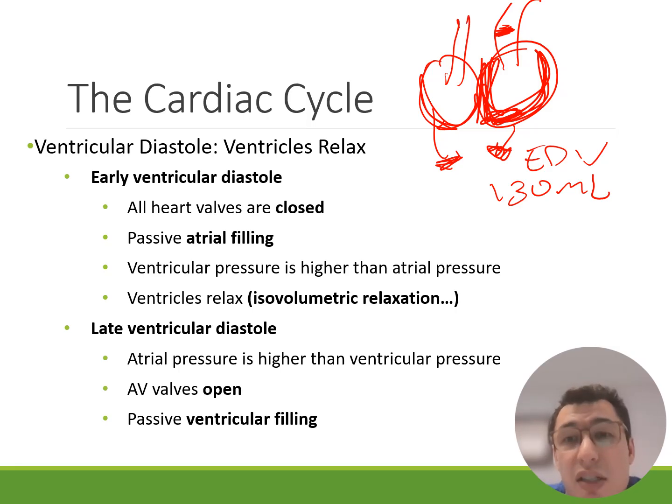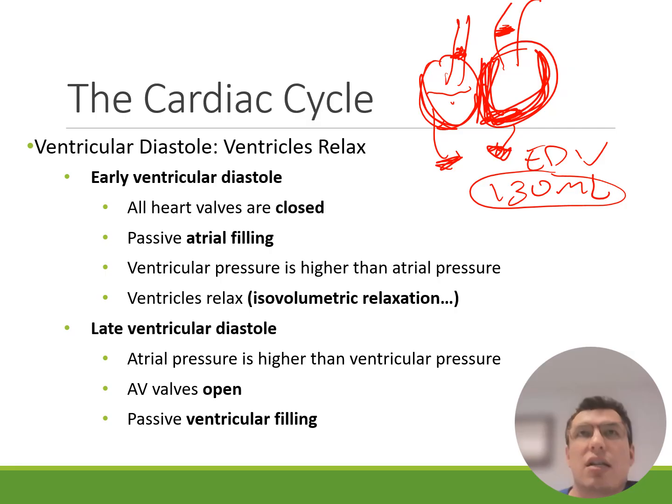It still has an end diastolic volume of about 130 mLs. However, it doesn't have to push so hard, so the pressures within the right ventricle are much lower than in the left ventricle because there is not such a resistance within the pulmonary circuit.